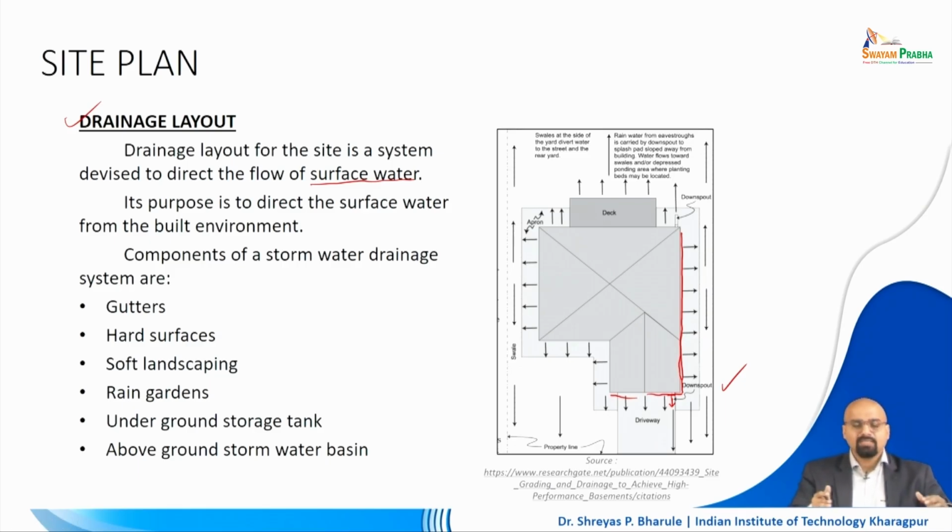So these are different ways in which drainage is collected or the drainage layout is to be made, right? The critical purpose is to direct the surface water or rainwater from the built environment to a safe point, whether a storage or percolating it down into the ground aquifer, right?